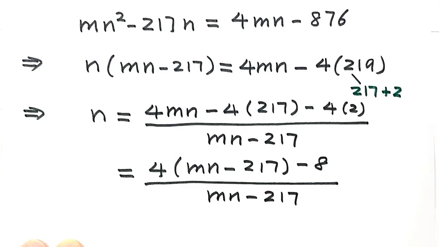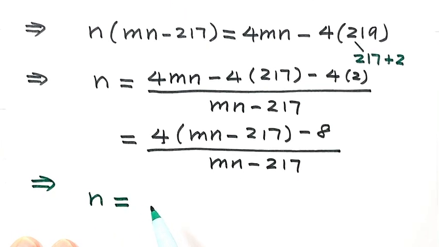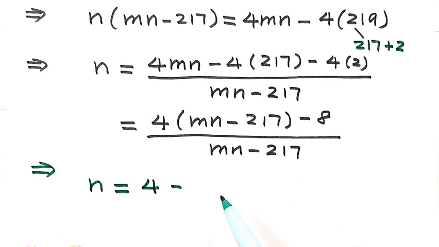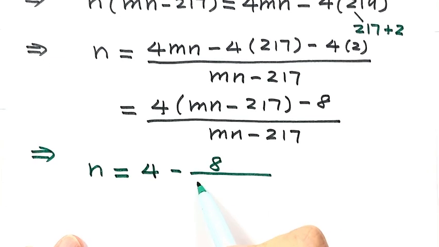So next, we're going to separate from here. So then n equals, so then these two terms cancel. So here just 4, then minus 8 over mn minus 217.